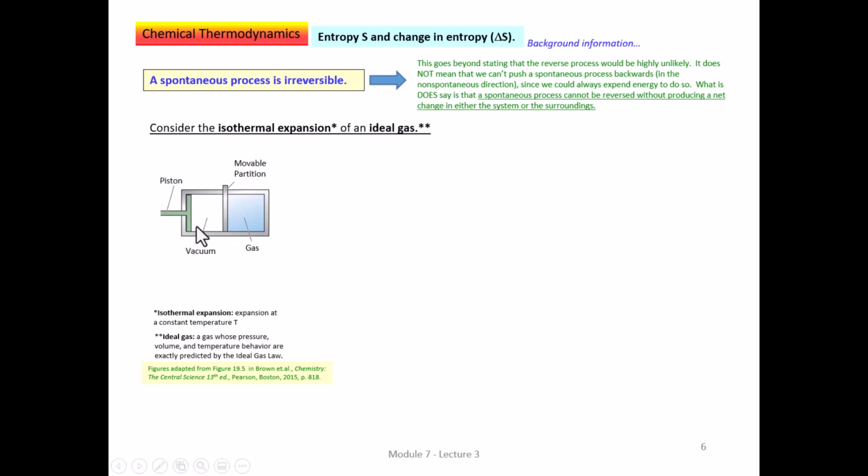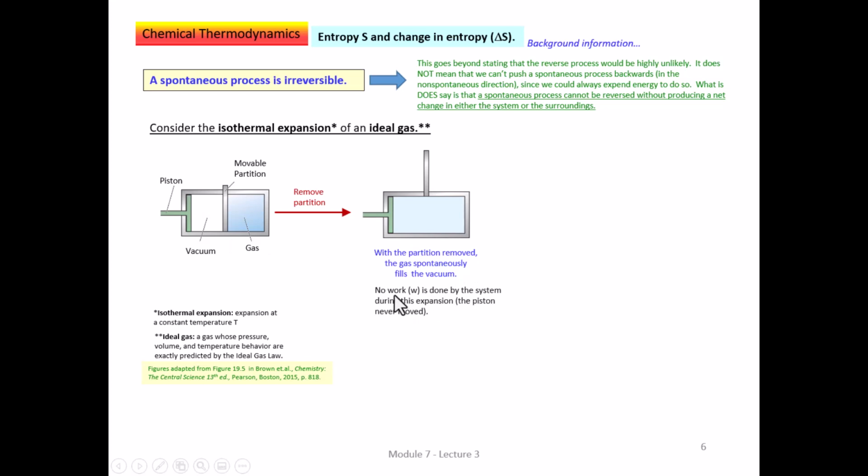But at the end of the vacuum side, there's a piston. Now let's remove the partition and you can predict what happens. Gas fills the entire space. No surprises here. While the partition is removed, the gas spontaneously fills the vacuum. So this process, after you remove the partition, is spontaneous.